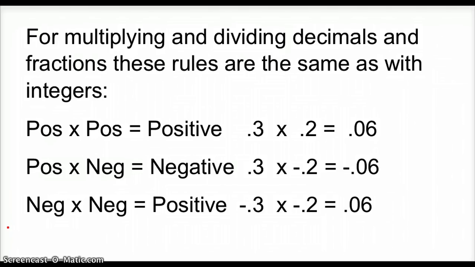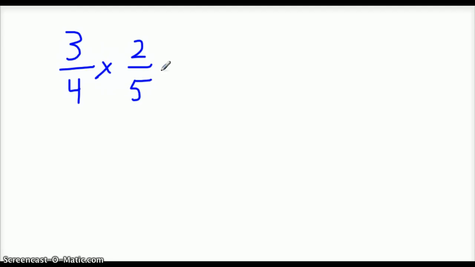Okay, now let's look at just some nuts and bolts of multiplying and dividing fractions. So let's just say in this case that we have 3/4 times 2/5, and we'll say that's going to equal something.